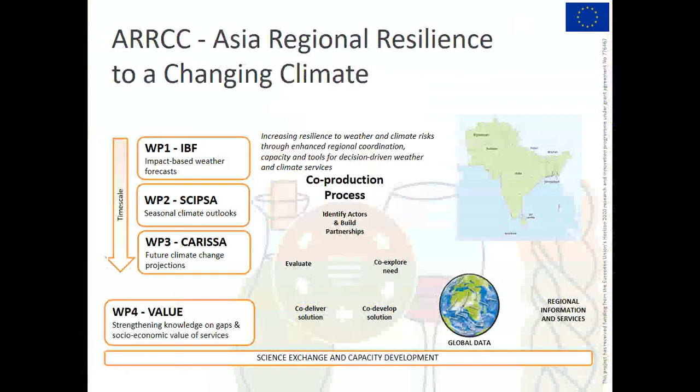Work package 2 looks at seasonal climate outlooks. Work package 3 looks at future climate projections. And sitting at the bottom is work package 4, which I work on with Marta, which examines the value that can be generated from the type of activities that we promote within ARRCC.